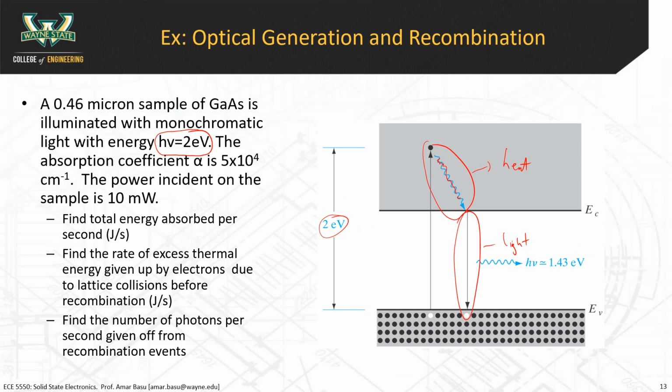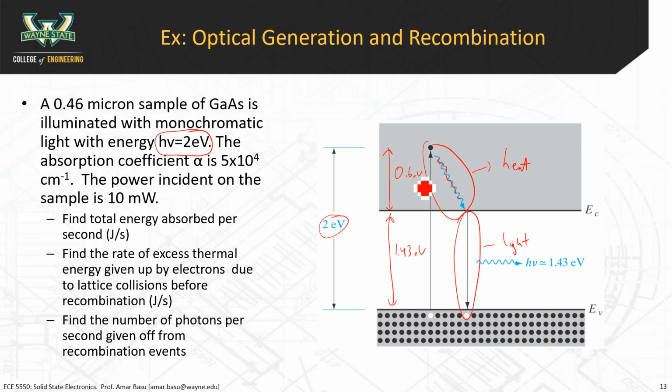So this is 1.43 electron volts. So the remainder of this here, 2 electron volts minus 1.4 electron volts, is 0.6 electron volts, roughly.